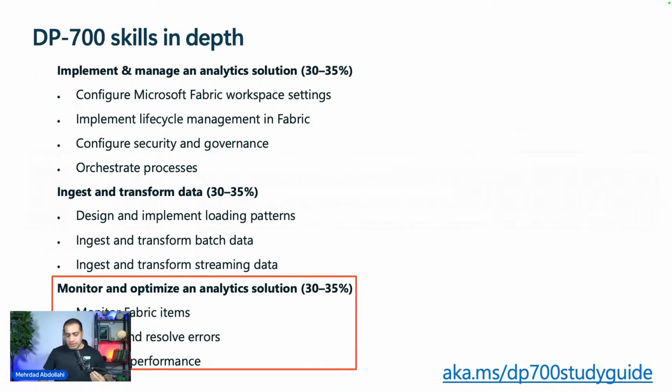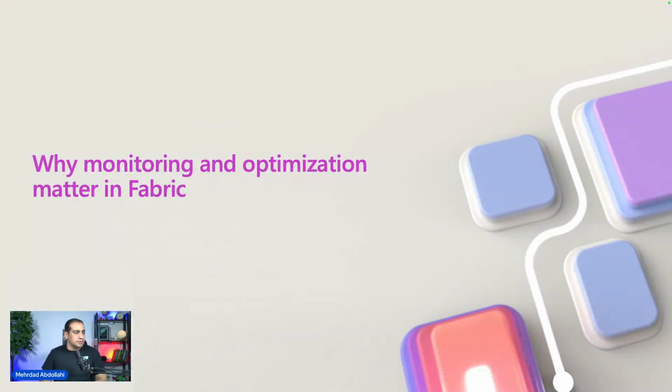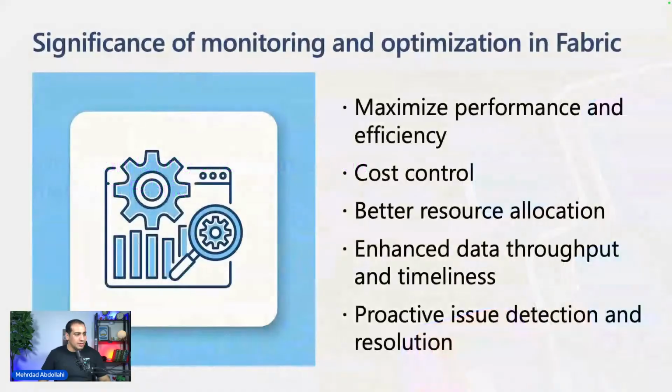For monitoring and optimization, and why it matters. In each organization, we are always thinking about maximizing performance and efficiency, and they are always looking at decreasing the cost and controlling it, right?